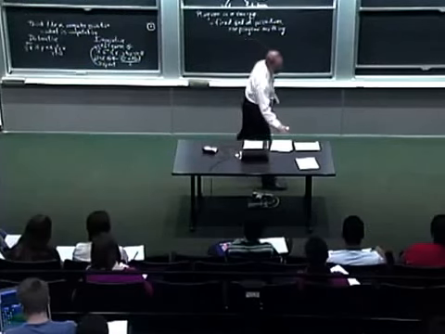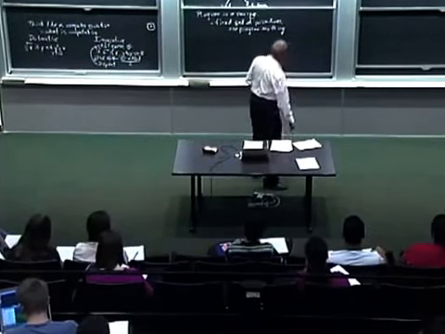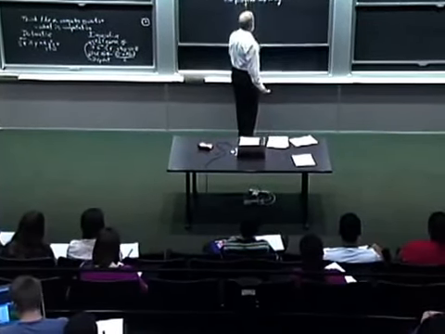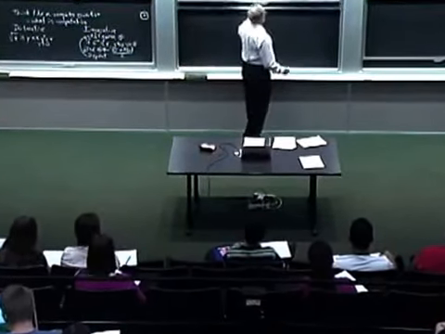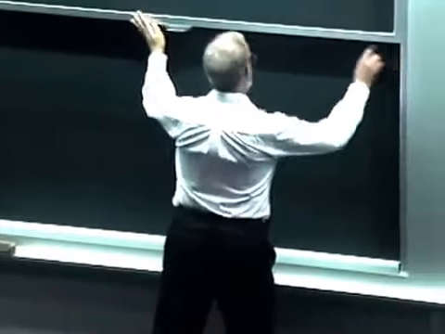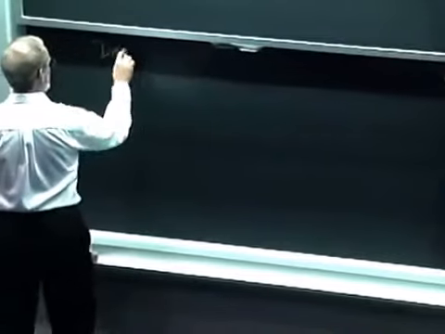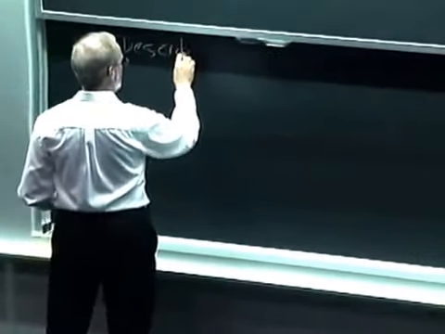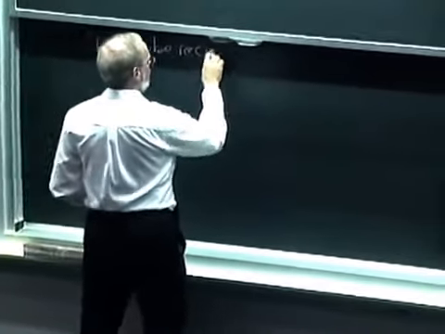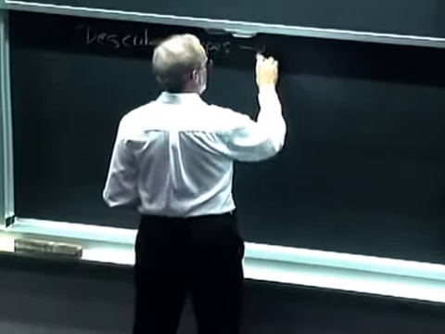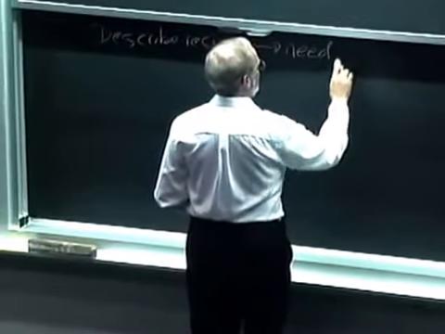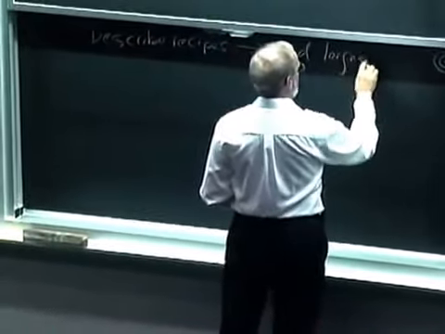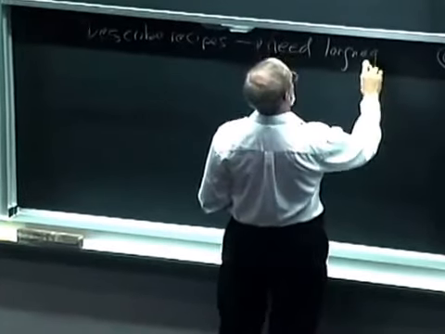And to describe the recipes, we're going to want a language. We need to know not only what are the primitives, but how do we make things meaningful in that language. Language, there we go.